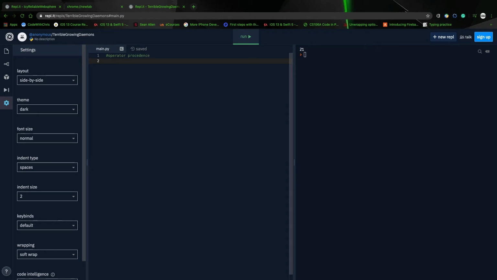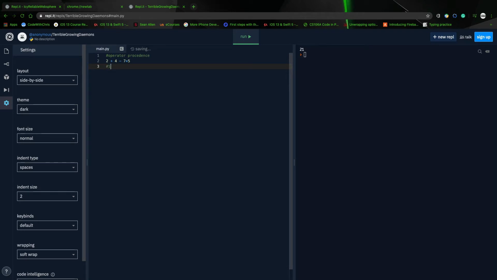I know you've seen this in school before, a long equation that goes with an order, right? In Python, there are four levels of precedence it follows when it reads a big equation like that.